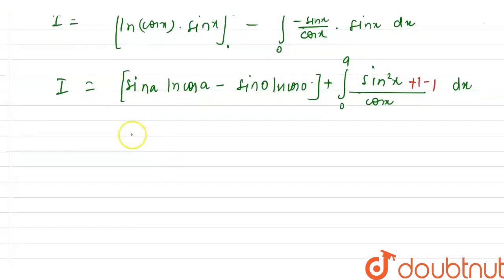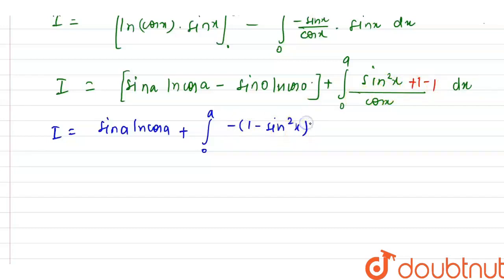First I'm solving this, so I is equal to sin a ln cos a, and the other term becomes 0 because sin 0 is 0, plus the integral from 0 to a, taking minus common, of 1 minus sin square x, with dx over cos x. I just split this numerator over the denominator.